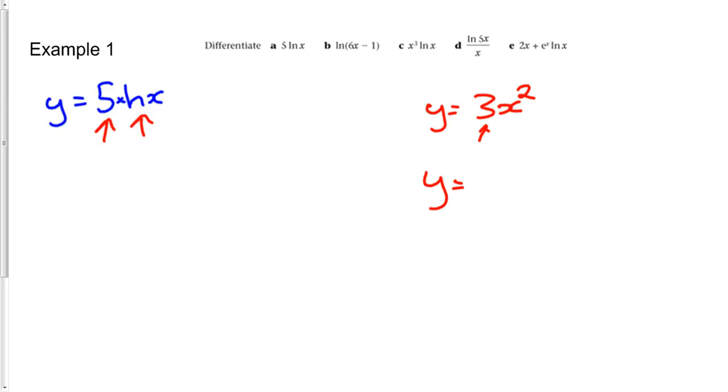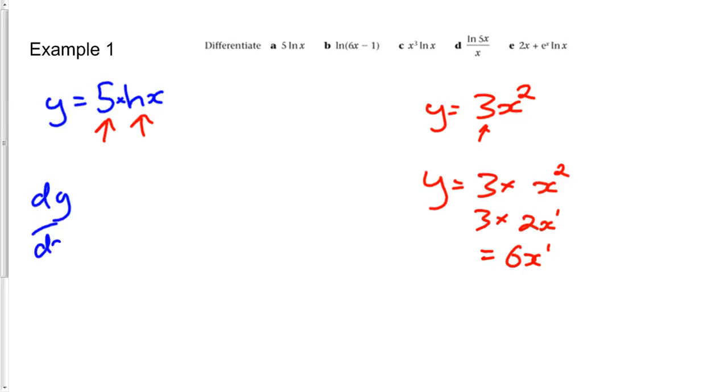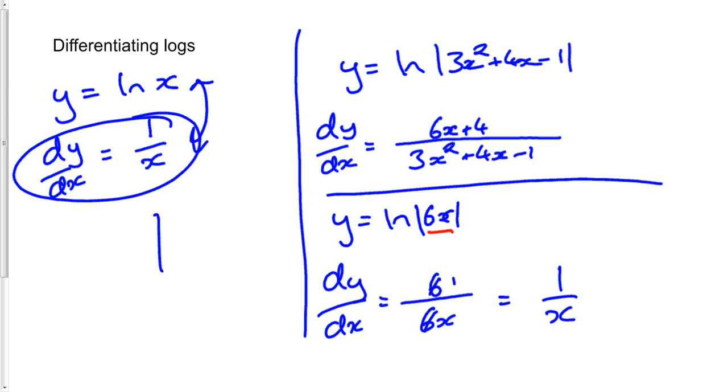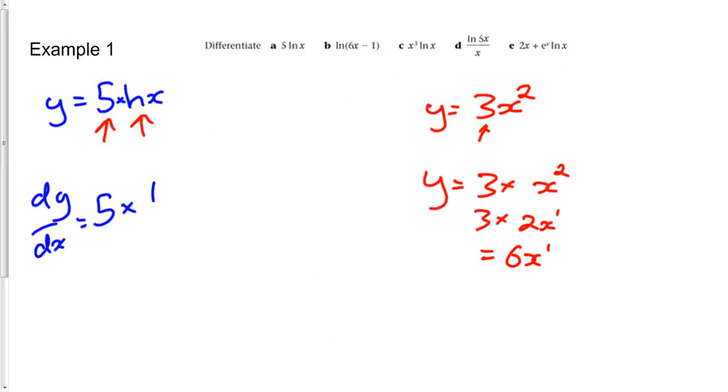So we can write it as 3 times by x squared, differentiate the x squared to get 2x to the power of 1, and then still times it by 3 to get 6x to the power of 1. In exactly the same way, over here, we ignore the 5 and we just differentiate the log x. So dy by dx equals 5 times by, if we differentiate log x, just like we saw on the previous screen, 1 over x, which simplifies down to 5 over x.